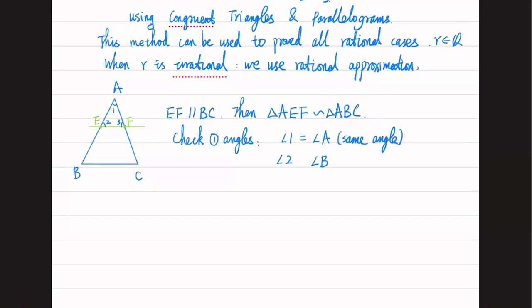Angle 2 and angle B. Okay, Isabel, these two angles, do they have the same measure? They have the same measure. Why? I think that's called corresponding angles. Because the two lines are parallel, they are corresponding angles of the parallel lines. Nice.